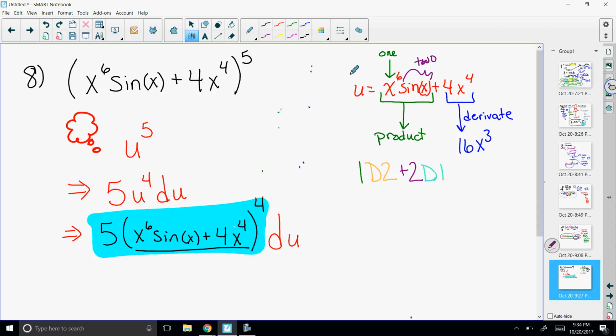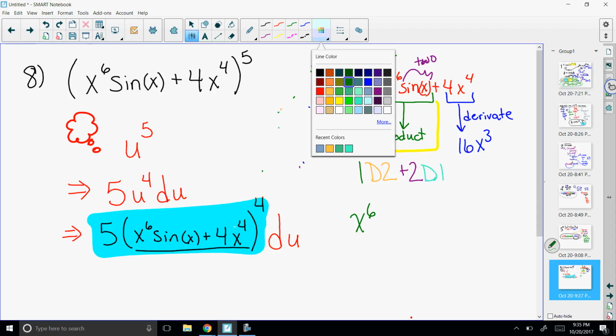We've already taken the derivative of that 4x to the 4th, and that happens to be that 16x cubed. So all I want to focus on is this product rule part. As I focus on that product rule, 1, I'm going to start taking the derivative of that. 1 happens to be just x to the 6th.